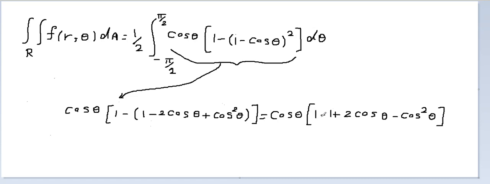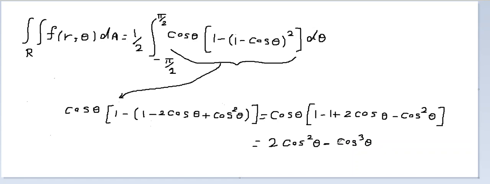And 1 minus 1 is 0, so this equals, this times this, we have 2 cosine squared theta minus, this times this, cosine to the power of 3 theta.